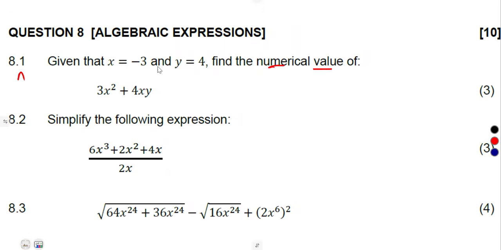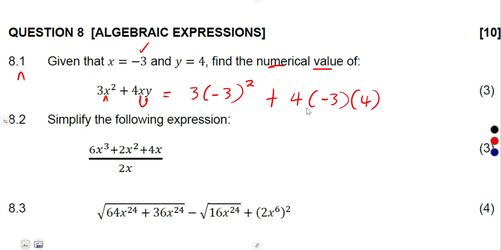So we can substitute in place of x: we put the minus 3, raised to the exponent of 2. Then we also have plus 4xy, it means 4 times x, which is minus 3, times y, which is 4. So that's a product. We multiply 4 times x times y.